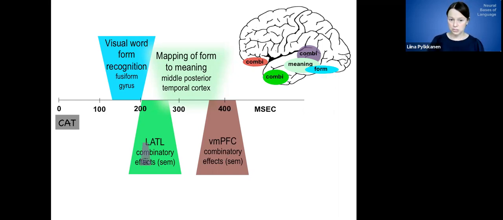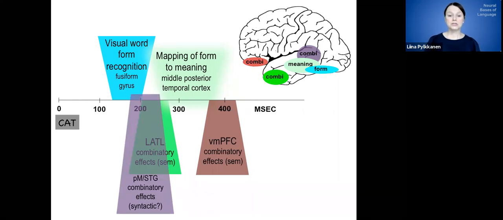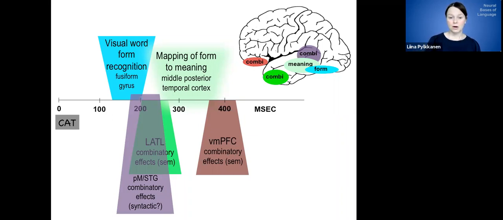I briefly mentioned that the posterior temporal lobe, again in the left hemisphere, is emerging as a possible syntactic hub. This is a hypothesis that we can see how it develops and becomes more detailed in future years. I've put it early in the timeline because of results from my own lab where we've seen this activation basically happening in parallel with the left anterior temporal lobe activation.